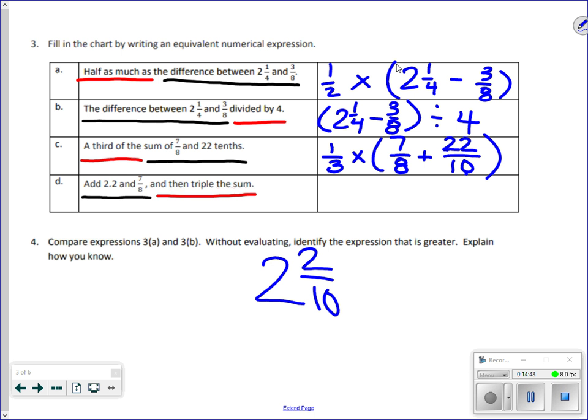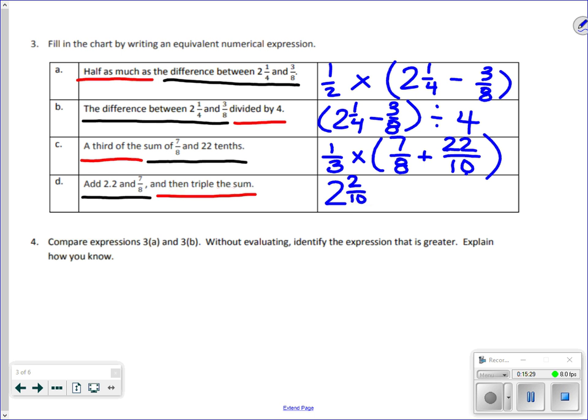Because you can't add a fraction and a decimal. Can you add a fraction and a decimal? Can you subtract a fraction and a decimal? No. So you need to write it like a fraction. 22 over 10. 22 tenths. Remember the decimal is 2 and 2 tenths.